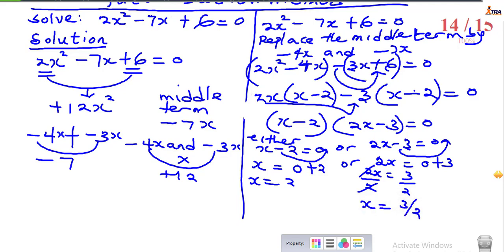So we have the two answers ready for x. Therefore, x equals 2 or x equals 3 over 2, which is the solution to the question. Those are the roots of the equation 2x squared minus 7x plus 6 equals 0.